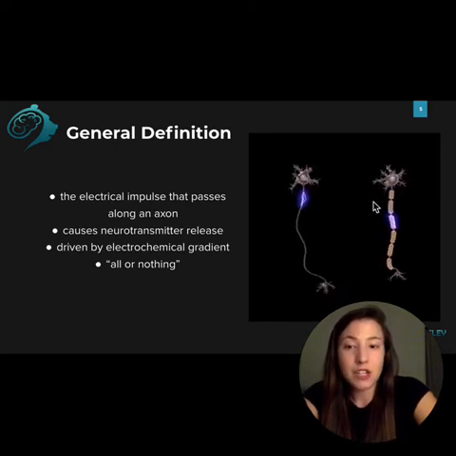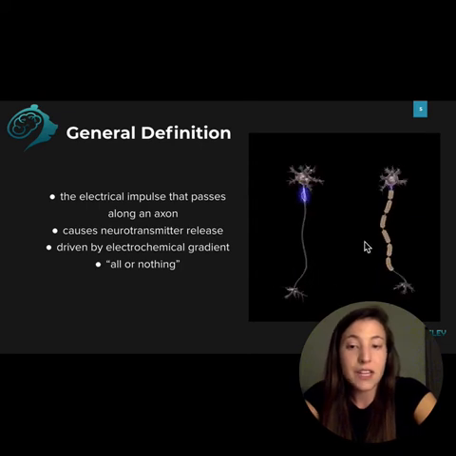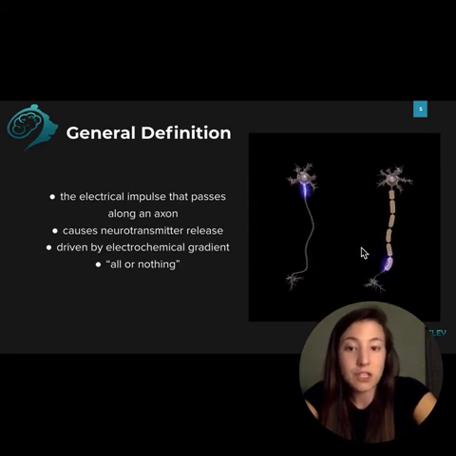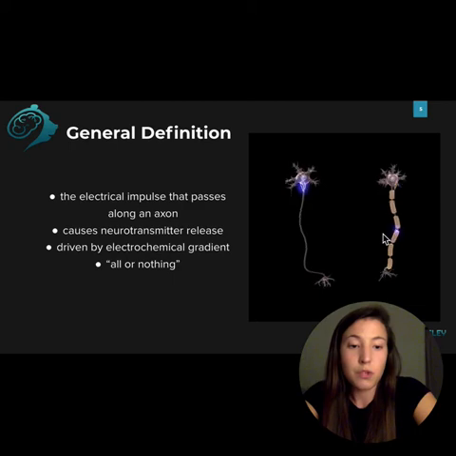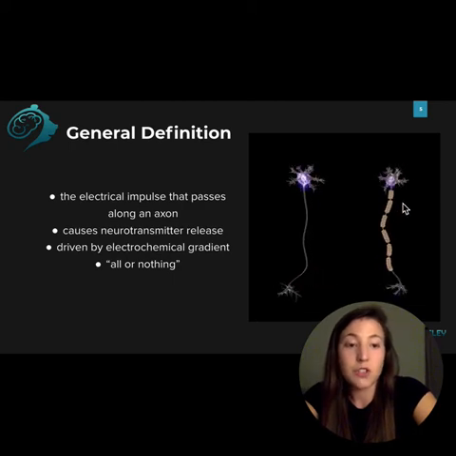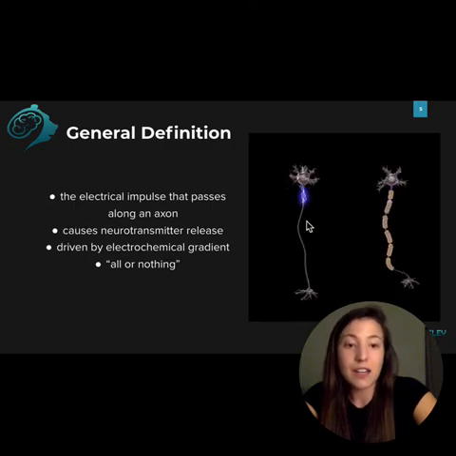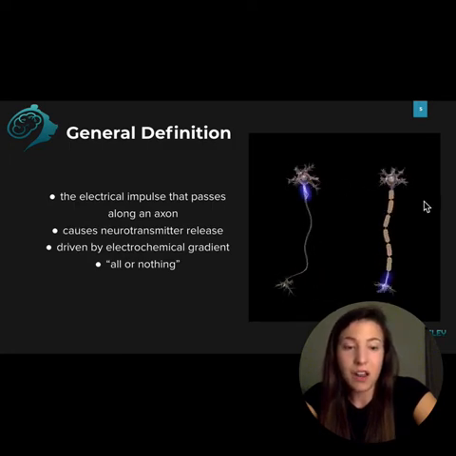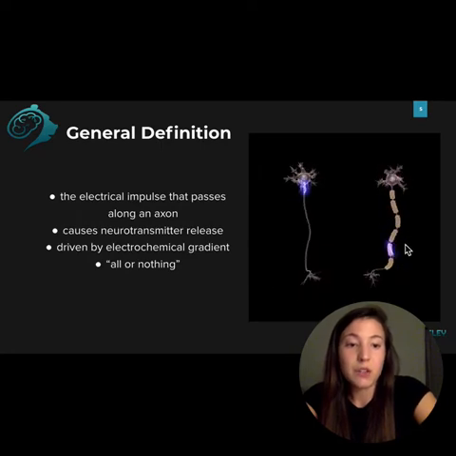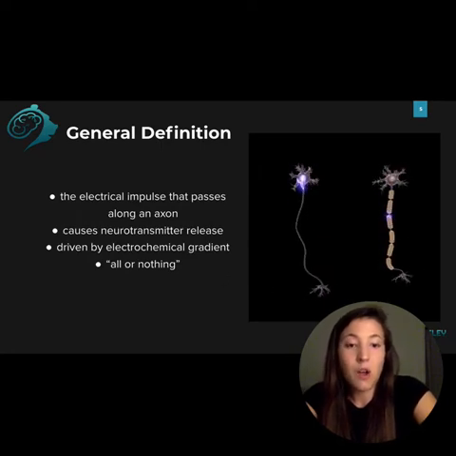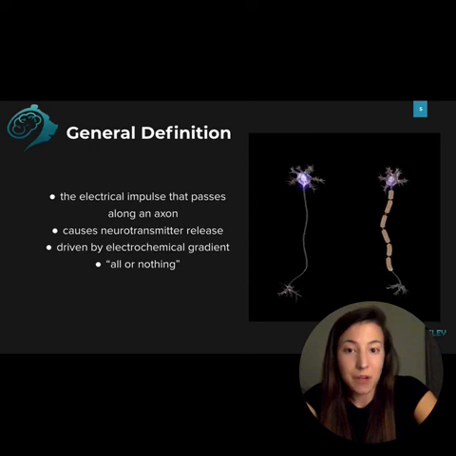This representation of the action potential moving down the axon demonstrates the efficiency of saltatory conduction, which we talked about in regards to the myelin sheath. So as you can see, it moves much more quickly down the myelinated axon than it does the unmyelinated axon, which can sort of tell you the types of things that can go wrong when an axon is unmyelinated.